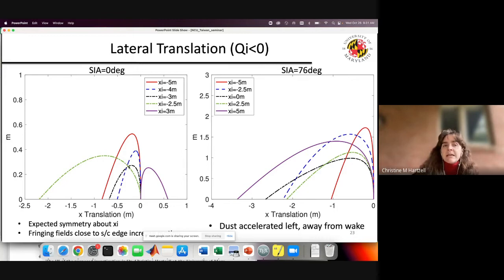So it is getting an additional kick due to the fact that there are these fringing and strong fields at the corner of the spacecraft. And then as we move away from the spacecraft corner, we get less X translation. And we also have symmetry whether we loft particles to the left or the right of the spacecraft because the sun is directly overhead.